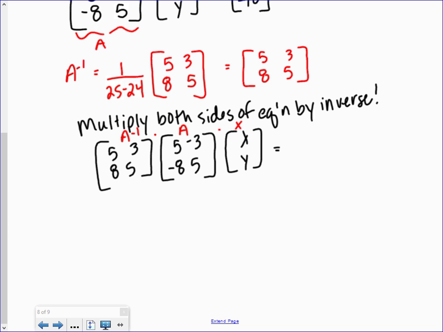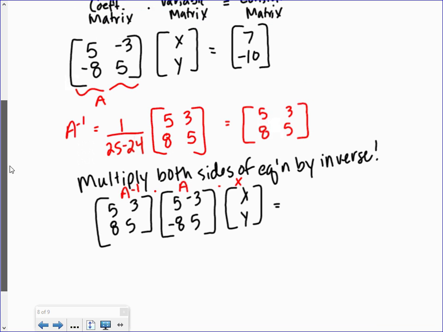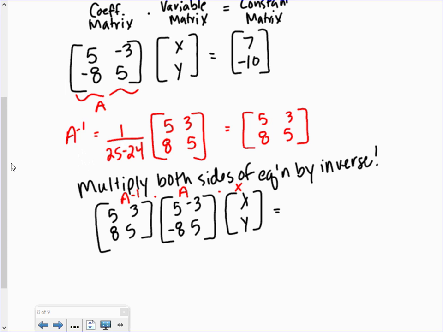And then I have to be really careful on this side with my constant matrix, because this matrix is 2 by 1, and I'm going to multiply it with a 2 by 2 matrix. Where do I need to put the 2 by 2 matrix? In front or behind? So that I can multiply it. In front, so that the columns in the 2 by 2 matches the rows in the 2 by 1. Okay, so you have to always write your inverse first, 5, 3, 8, 5, followed by your constant.